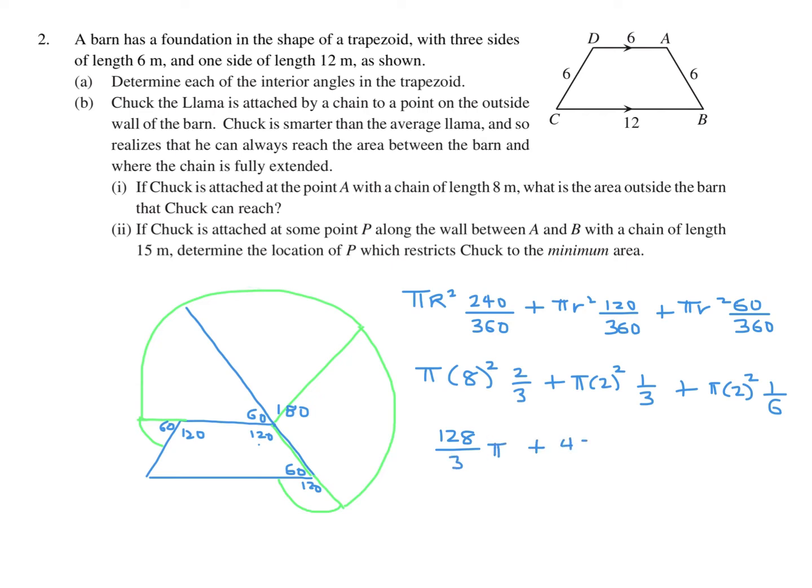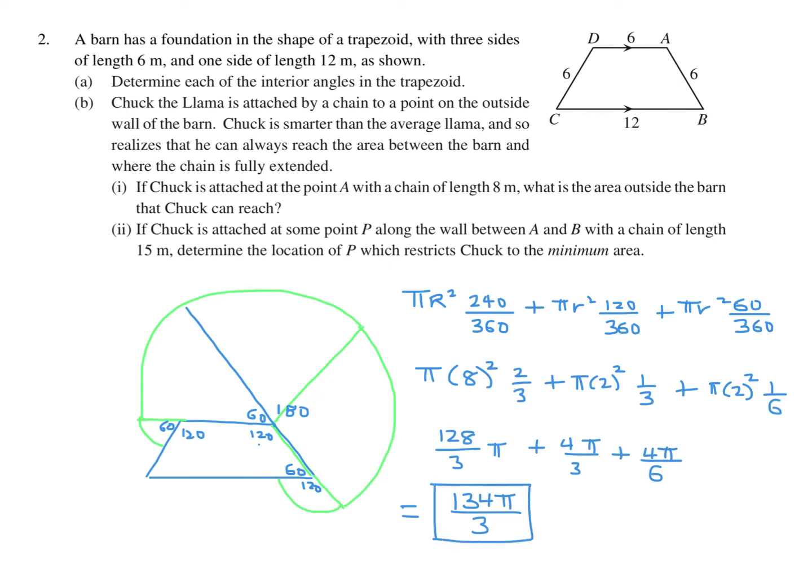This is 4 pi over 3, and this is 4 pi over 6. And if you get a common denominator, that's actually 2 pi over 3. And when you reduce it, that should be 128 plus 4 plus 2 is 134. 134 pi over 3 is the correct answer.